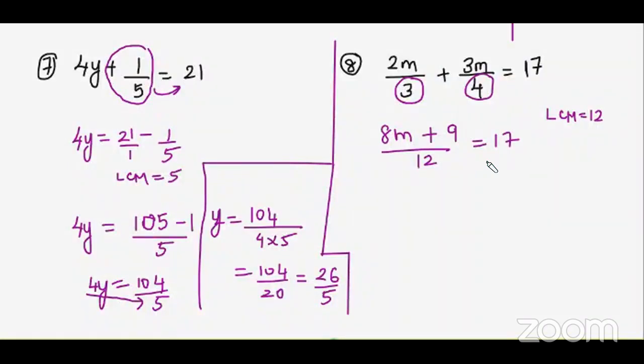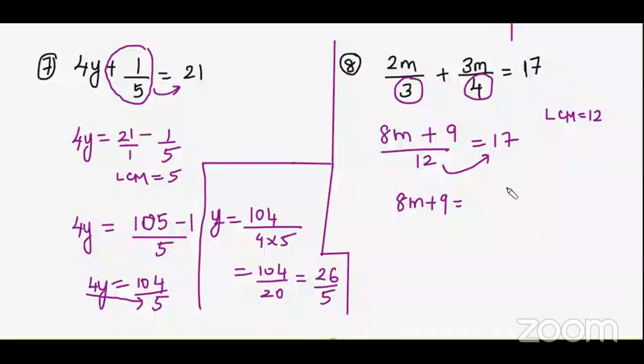So it will be a 12 times 17, right? So if you try to multiply it and check, you should get, yes, 204. Correct? Okay, now shift the 9.